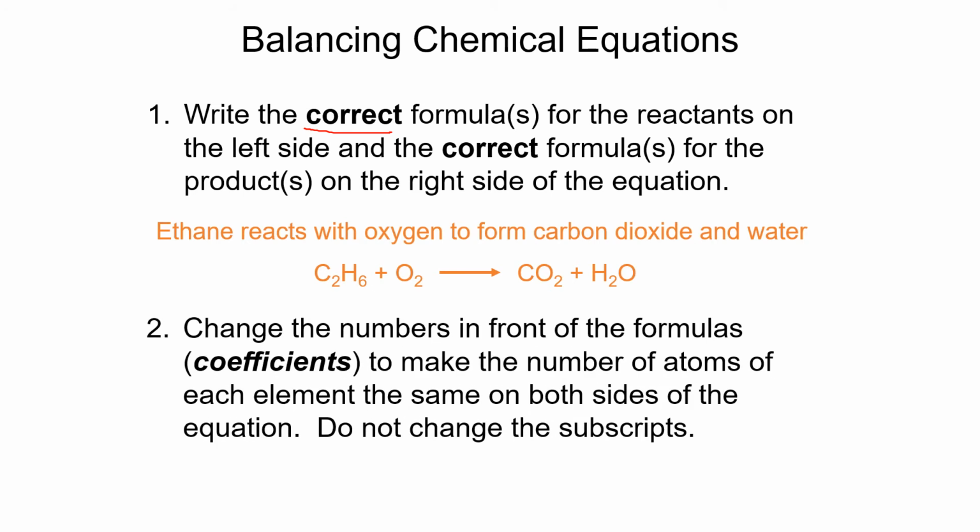The second step then is changing or adding coefficients in front of the formulas. So how many moles or molecules of each reactant produce this number of moles of products on the right side?